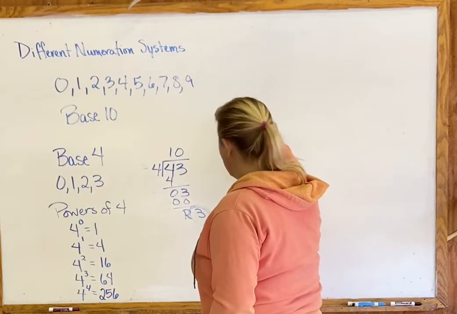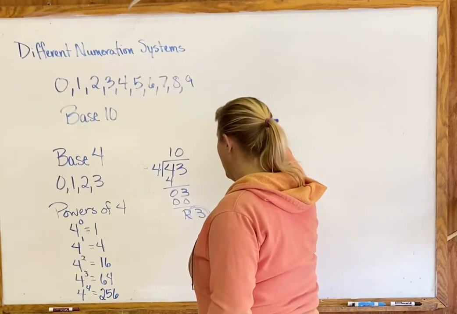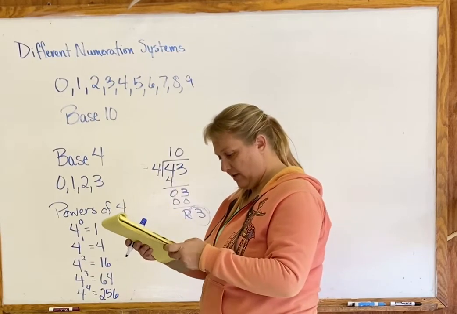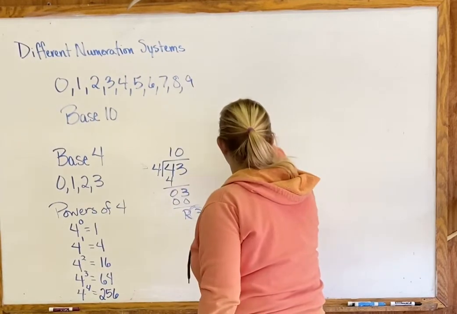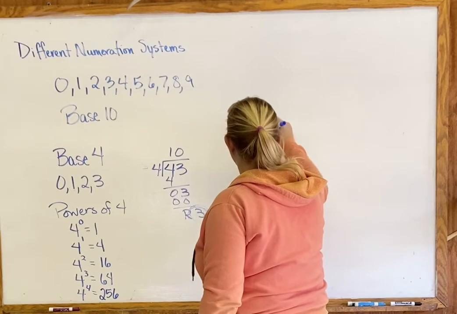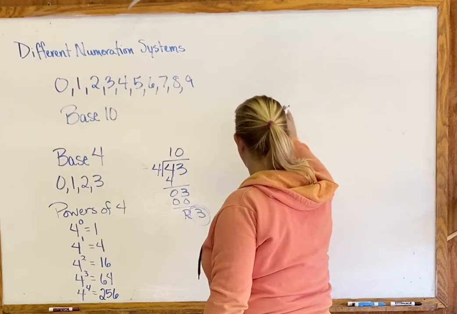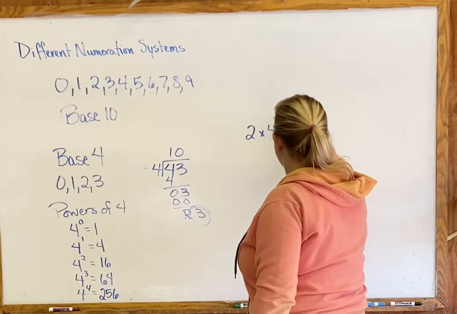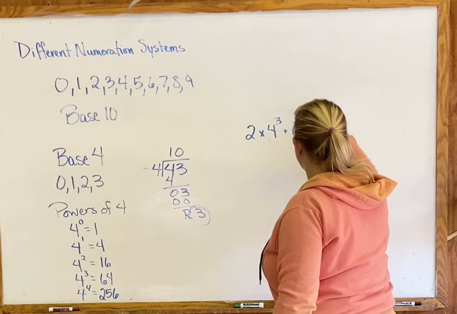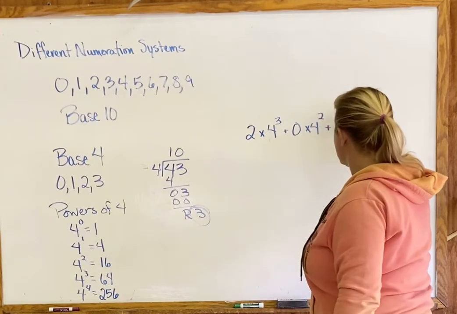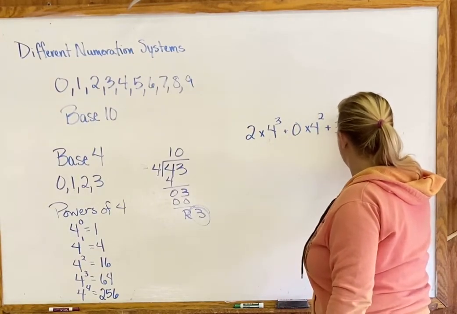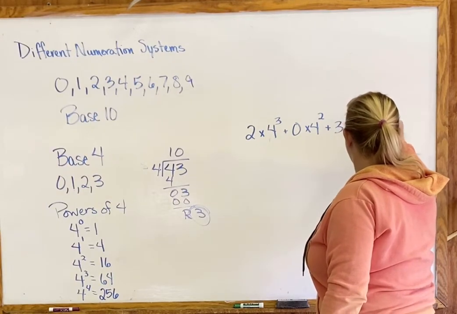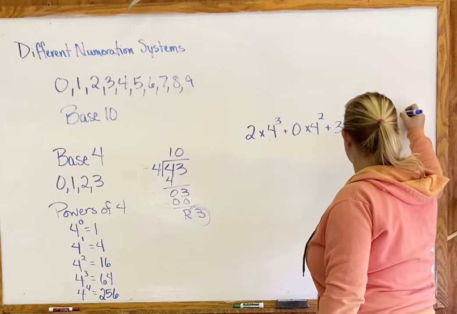Let's say we have, in base 4, 2 times, oops, right off the bat I want to go to 10, but we're going to go 4 to the 3rd, plus 0 times 4 squared, plus 3 times 4 to the 1st, plus 3 times 4 to the 0.